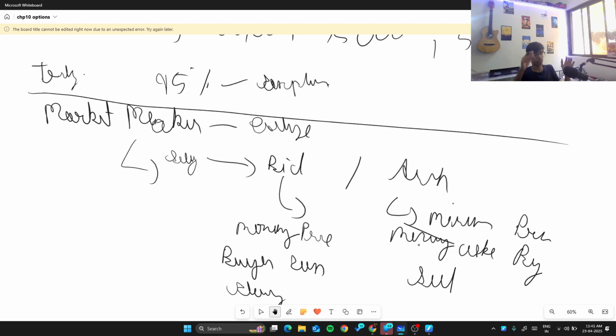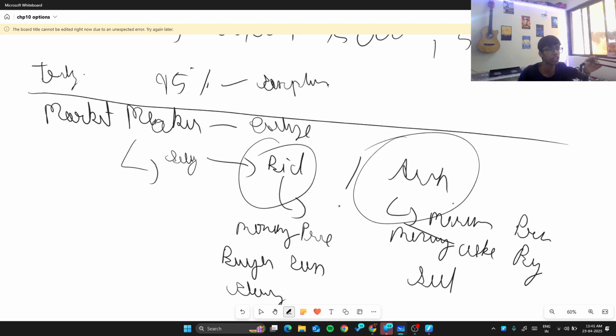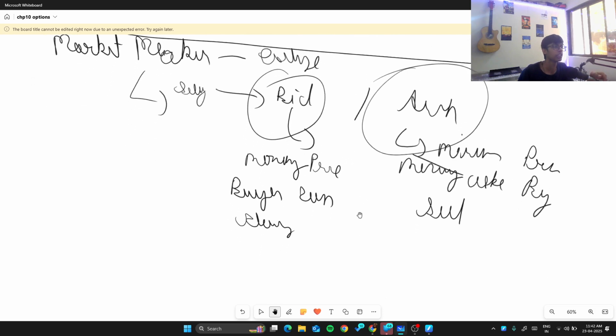So if we have to buy anything, we will look at the ask price, and if we have to sell anything, we will look at the bid price. That is how it works, and the difference between bid and ask is called the bid-ask spread, and this should not be big.